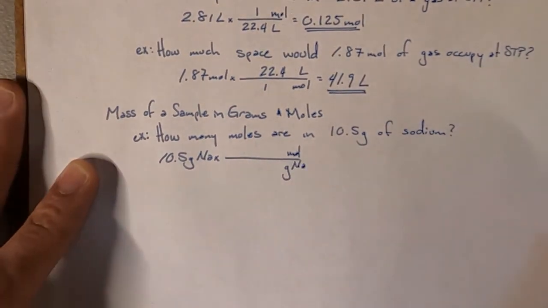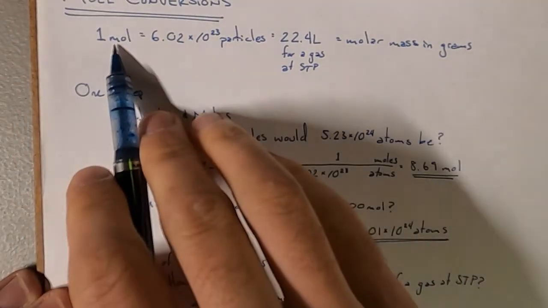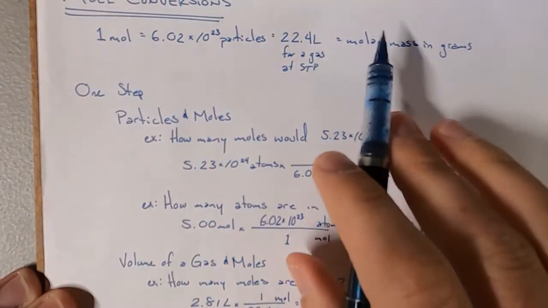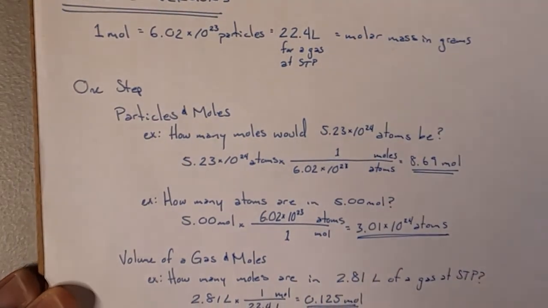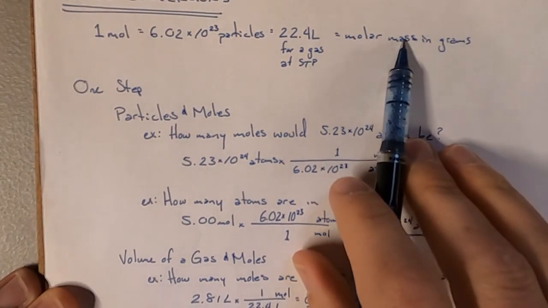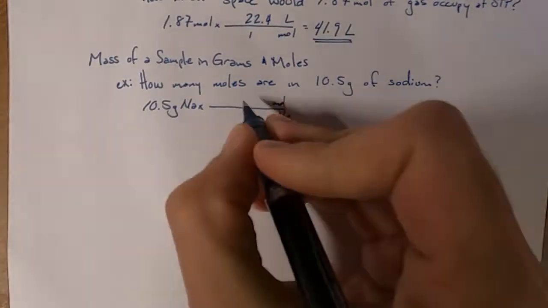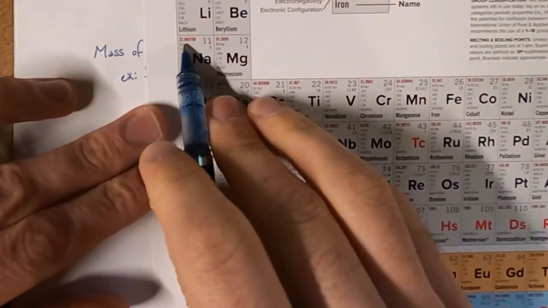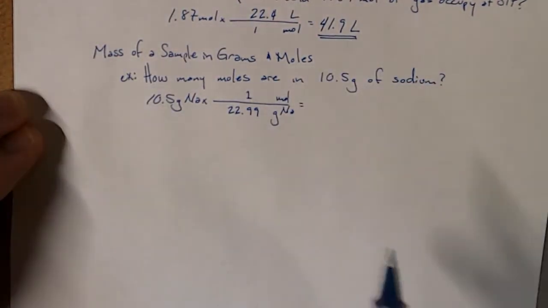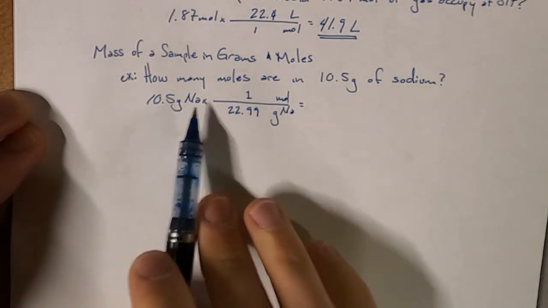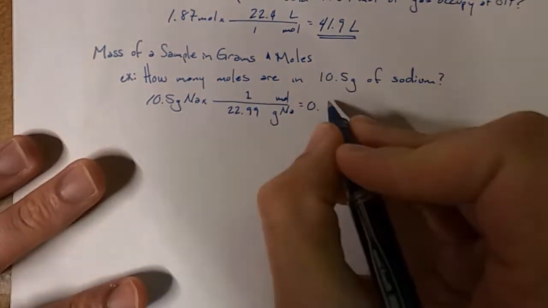Now we'll look back up to our equivalencies. That 1 mole is equal to something's molar mass in grams. For an element like sodium, the molar mass is simply going to be the atomic mass that's on the periodic table. And so to solve this problem, it would be 10.5 grams times 1 divided by 22.99.